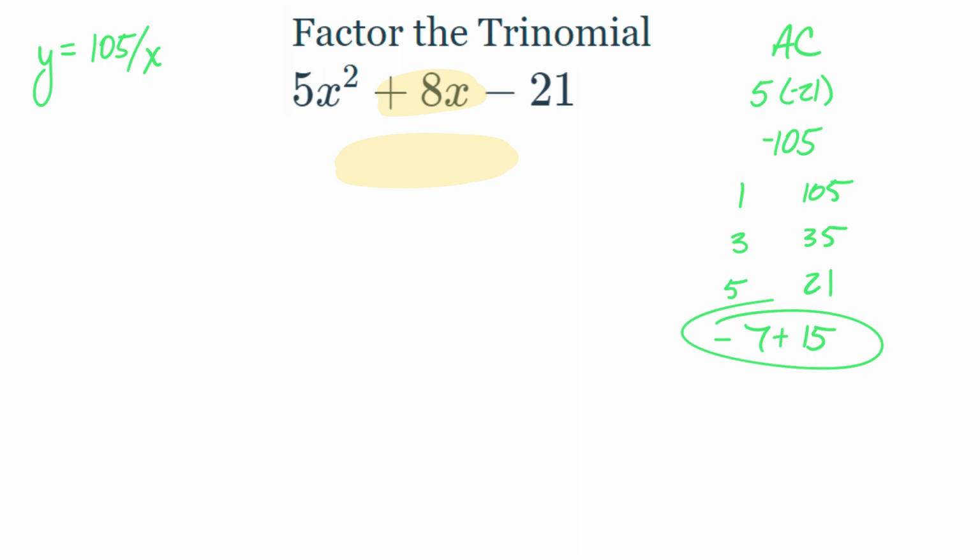Now, I'll tell you this right now. When given the opportunity, I believe you want to put the negative sign in the front. So I'm going to put negative 7x and positive 15x. You do not have to follow that rule, but trust me on this, it's a little easier when the negative sign is not the first term in the grouping.